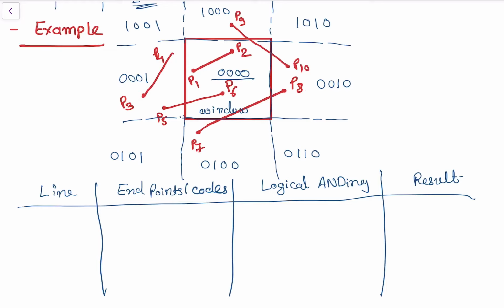So first line, P1 and P2. Both are in the window. So P1 is equal to 0 0 0 0 and P2 is equal to 0 0 0 0. And what is the logical AND operation? That is also 0 0 0 0. So we can see that the line is completely visible.